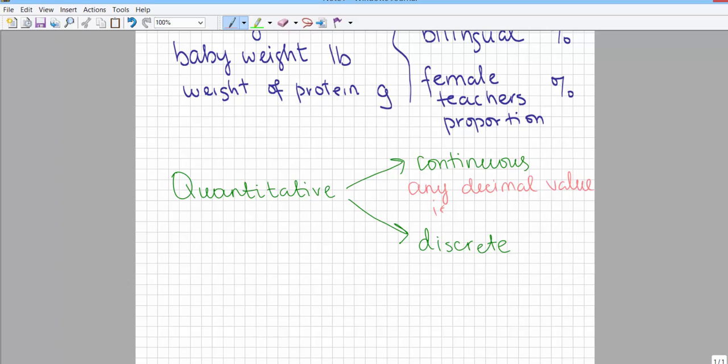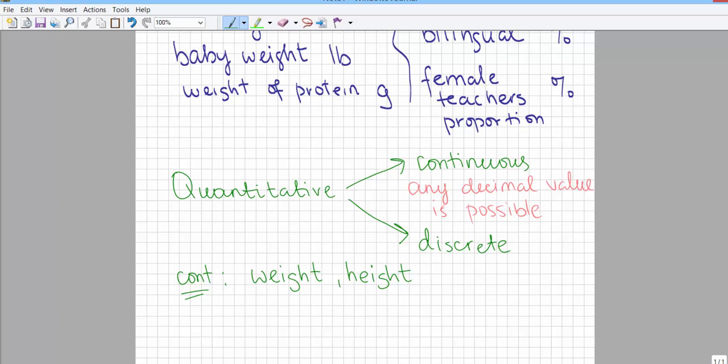Okay, so what is one example of continuous data? Weight, height. Why is that?